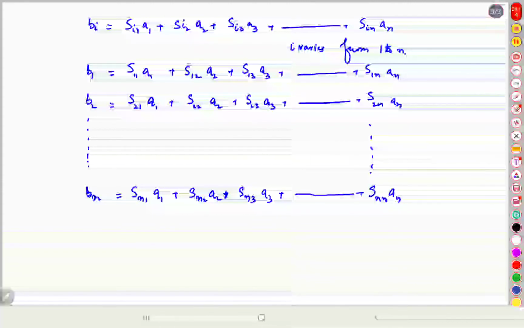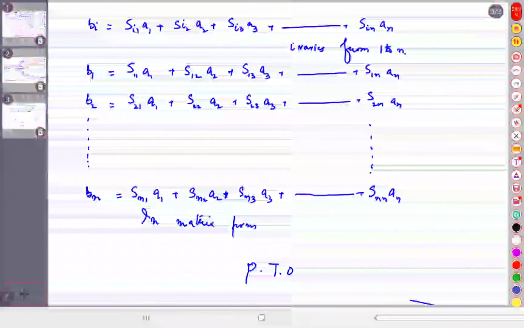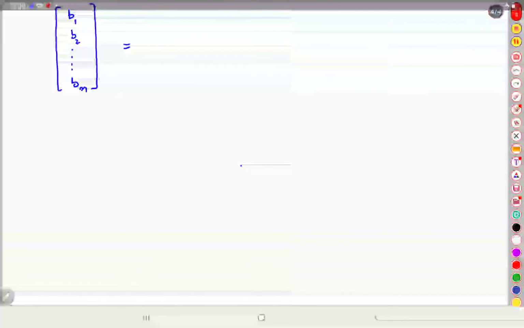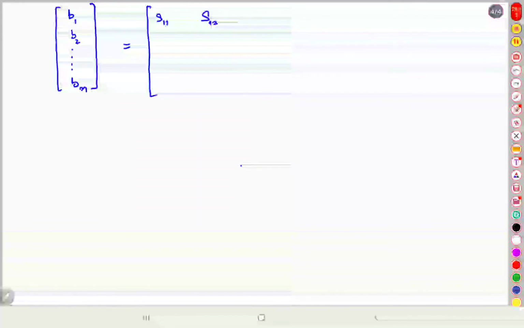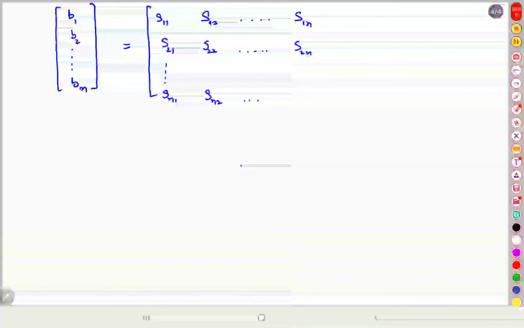So I can write this in matrix form. This set of equations can be written in the matrix form as B1, B2, so on up to Bn is equal to the matrix with first row S11, S12, so on up to S1n, then S21, S22, so on up to S2n, and the last row Sn1, Sn2, so on up to Snn.